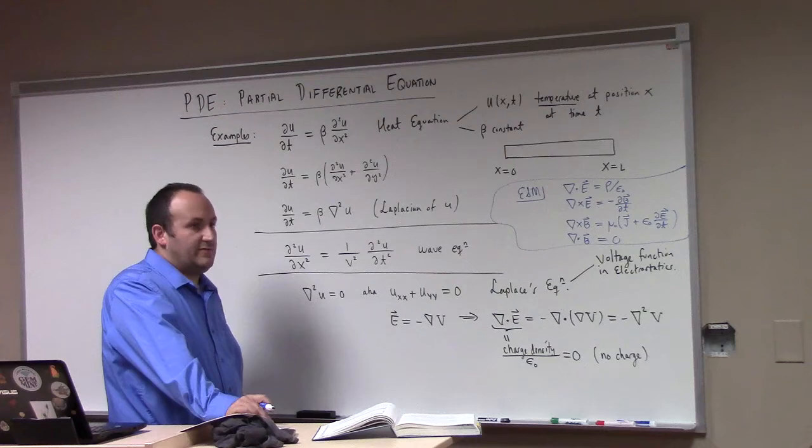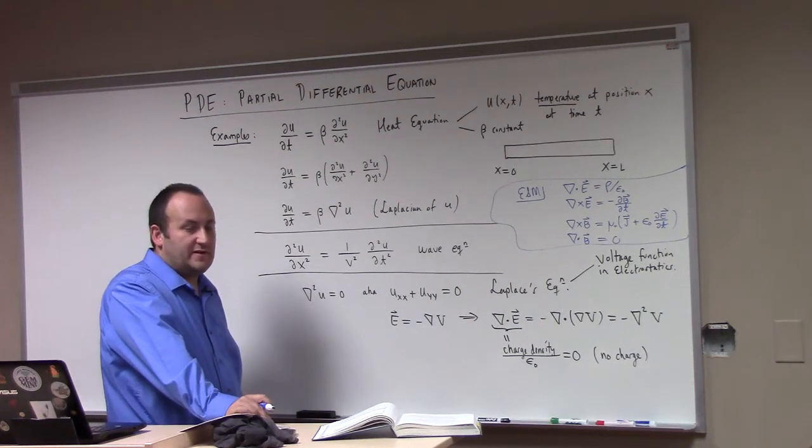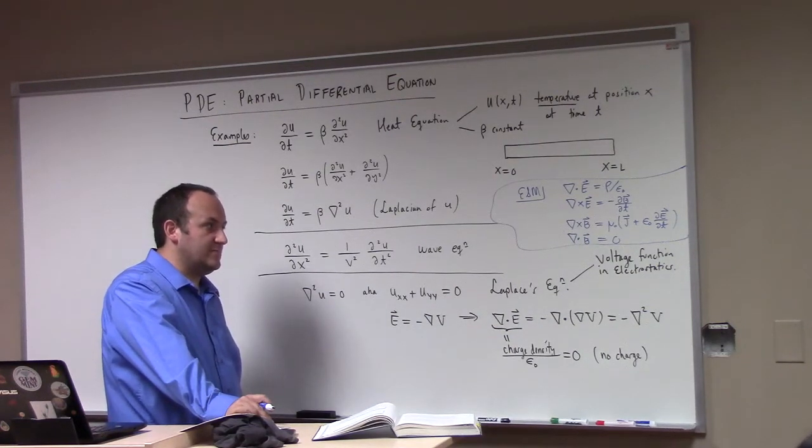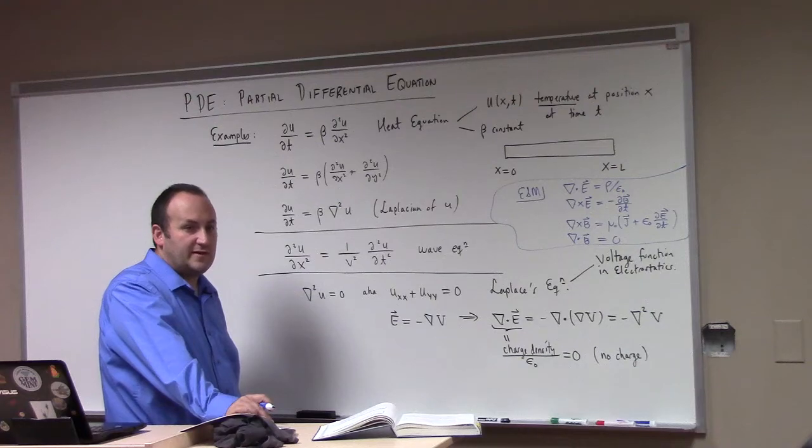Quantum mechanics is governed by Schrodinger's equation. If I was to write it down, what you'd see, again, is a partial differential equation between the wave function and the Hamiltonian. So any kind of basic physics that you study these days, most of them involve some sort of partial differential equation at their base.